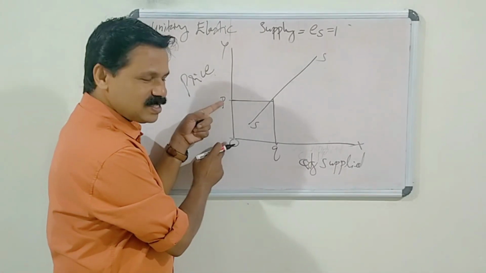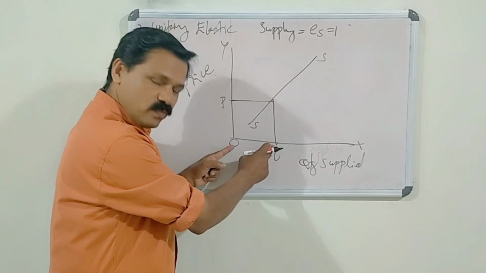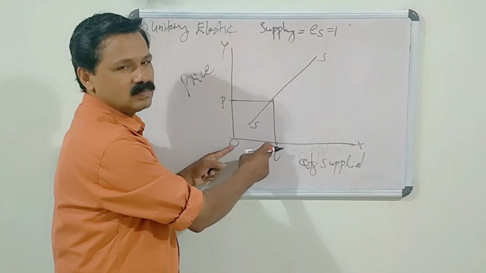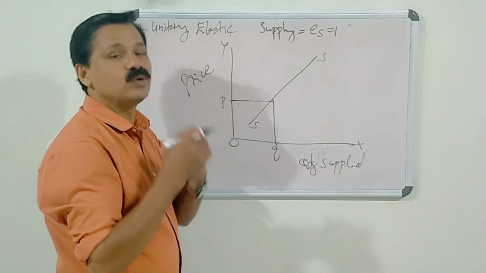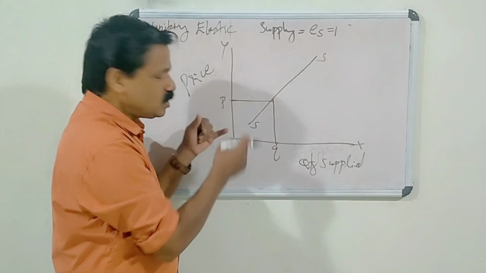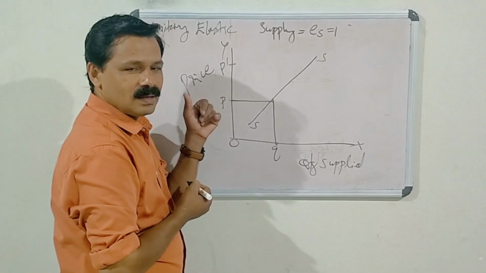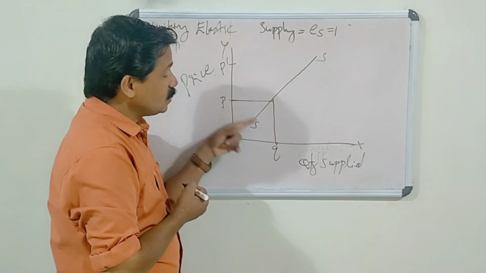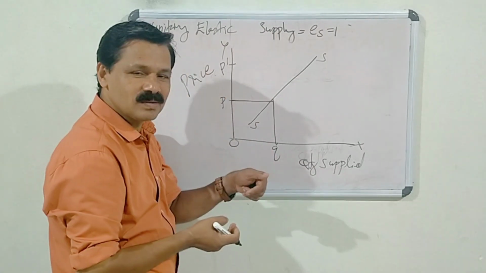At OP price, OQ level of output will be offered for sale by the sellers. Further, suppose the price of the commodity increases from OP to, say, OP1. The quantity offered for sale will also increase by that much.